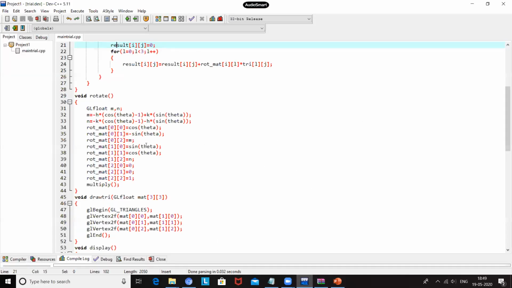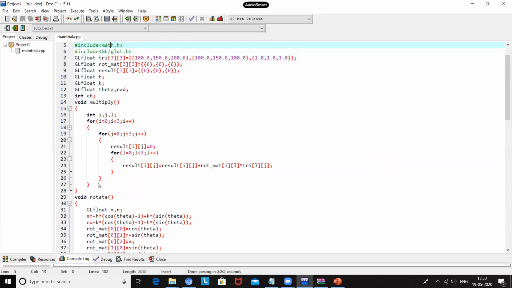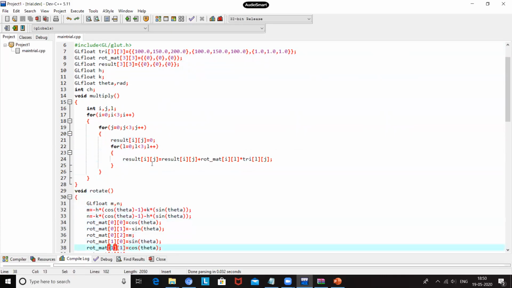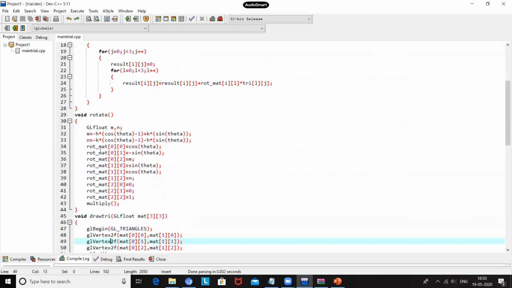Next, once we get this rotation matrix, we call the multiply function. This is the matrix multiplication function. Once the matrices are multiplied, we have the product of the three composite matrices.